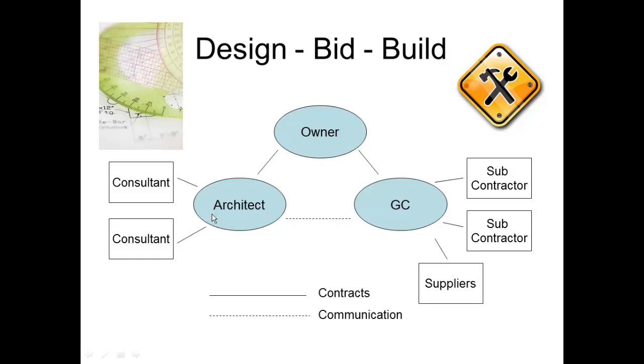Any issues with the design problems are with a contract with the owner. So sometimes there is a conflict after the job starts between the general contractor and the architect as to who's responsible financially to make sure that this is going to work.